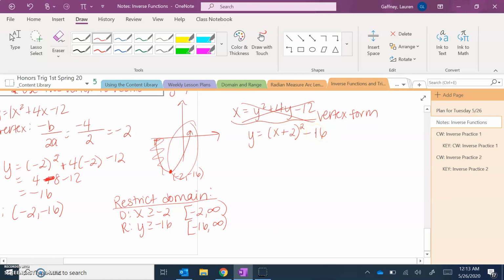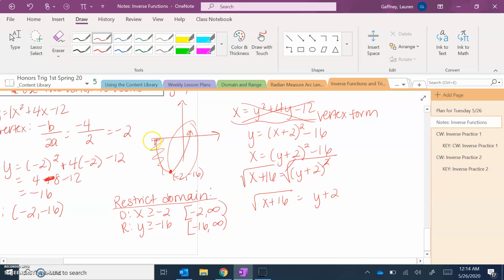Okay, so now if you wanted to find the inverse, you would switch your x and y, add 16 over, square root both sides, because you're trying to get y by itself. The square and the square root cancel. Now, normally when you introduce a square root into a problem, you should have the plus and minus, but we don't want both sides to this.